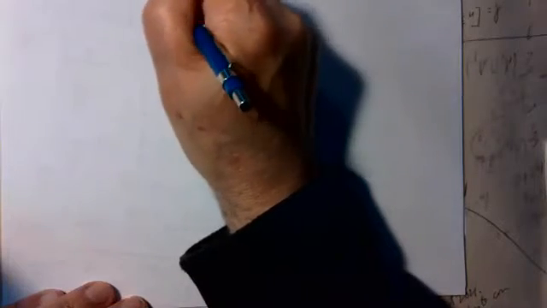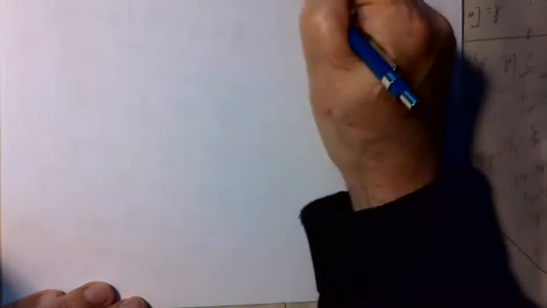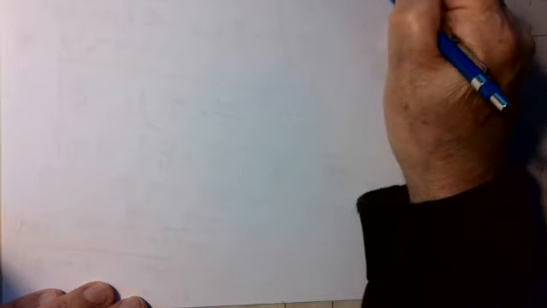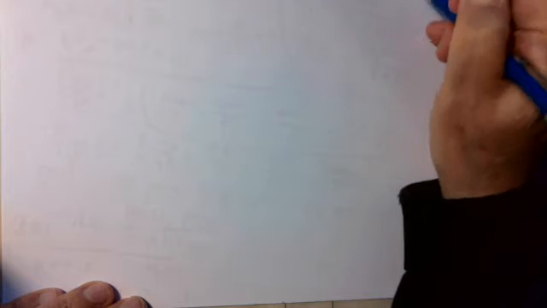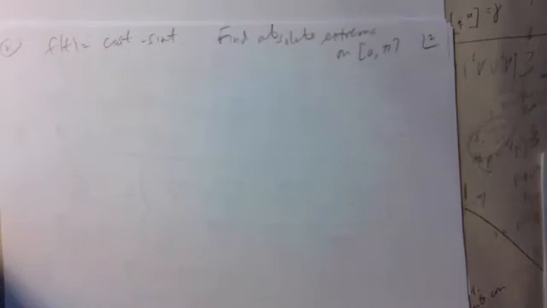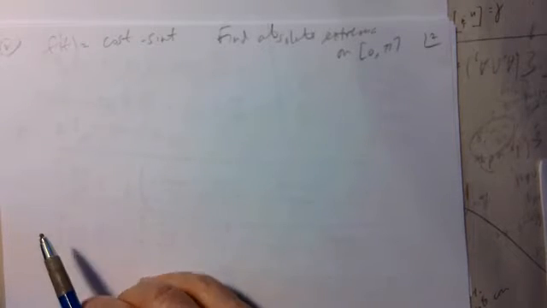Problem 2. We have the function f of t equals cosine t minus sine t, and we want to find the absolute extrema on the interval from 0 to pi. So we're not looking at this function anywhere else, only from 0 to pi.